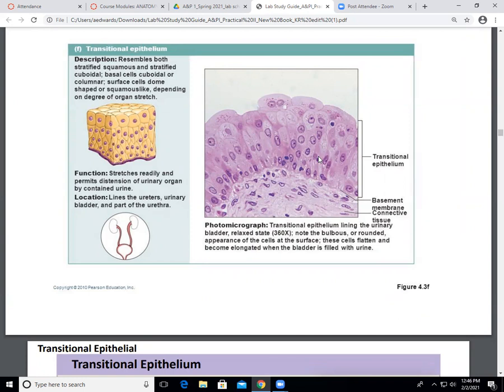Sometimes they're going to have to be stretched out, sometimes not. When it's not being stretched out, it gets this pillowy shape. And there's no real distinct layers, right? It's just stuff all over the place.